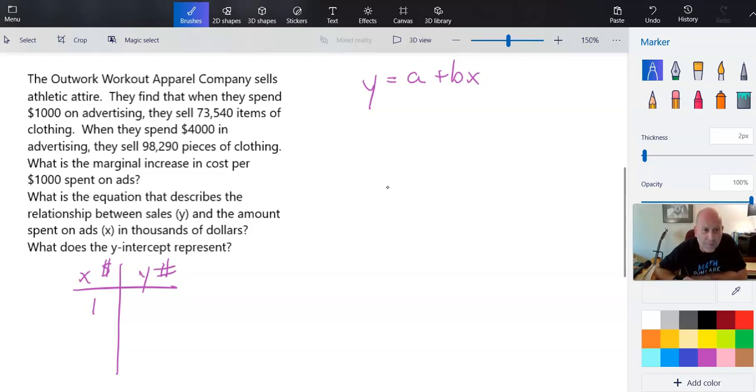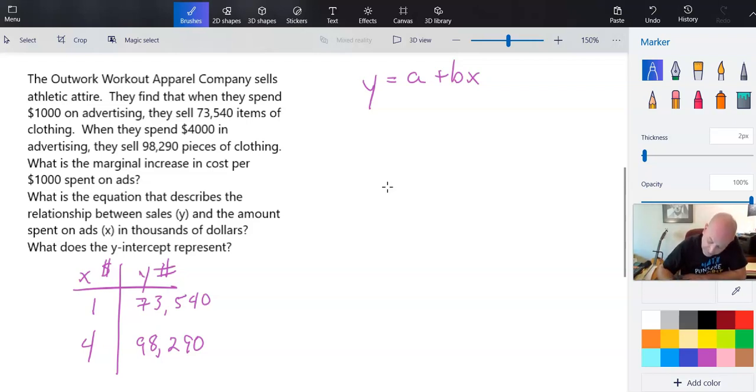So when I spend one of the thousands, I sell 73,540 items of clothing. When I spend four of those thousands, we sell 98,290 pieces of clothing. So we have 2 points here. That's exactly what we need for slope.